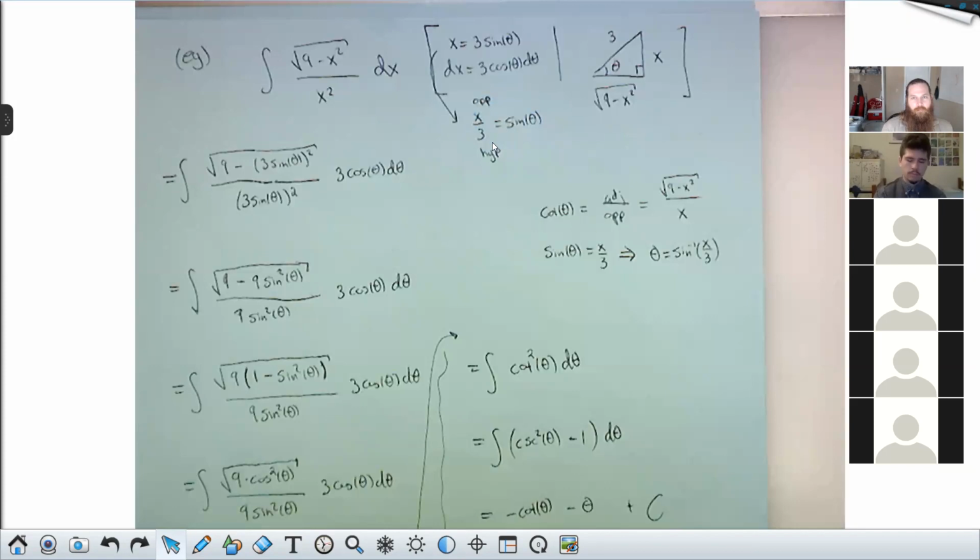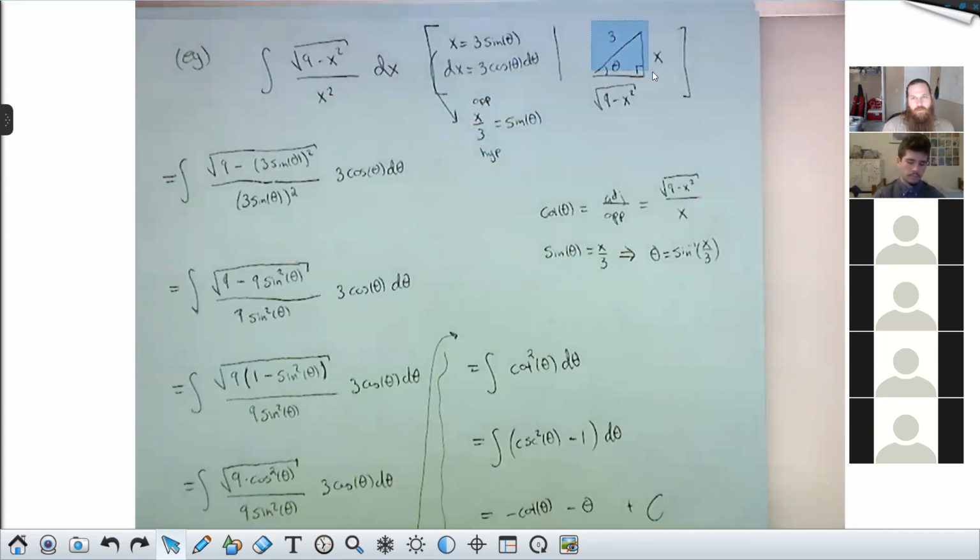That's my SOHCAHTOA. So then I draw a right triangle with one of the angles labeled as theta. And I know that my opposite side length should be x, because opposite is x. And I know that my hypotenuse should be 3, because downstairs I have a 3.